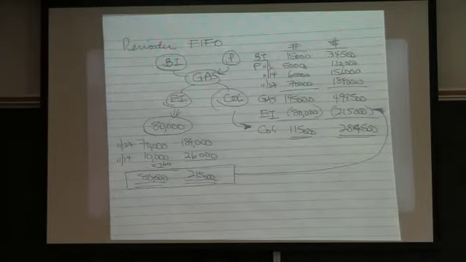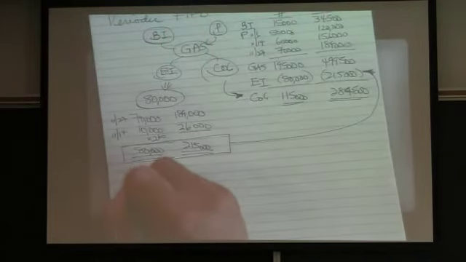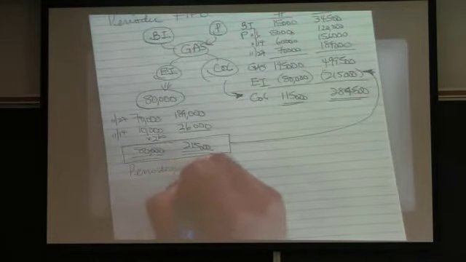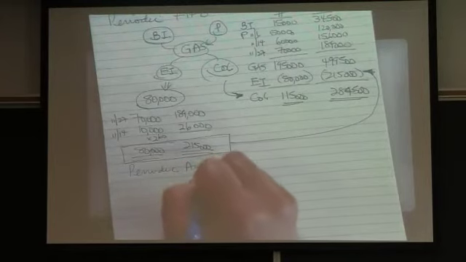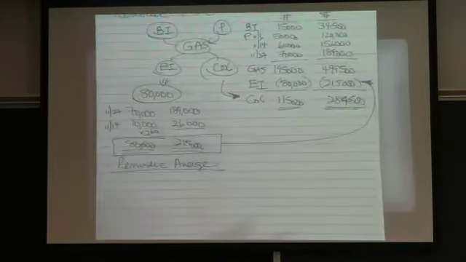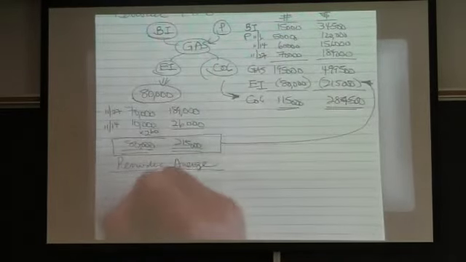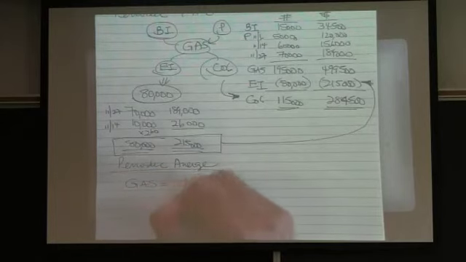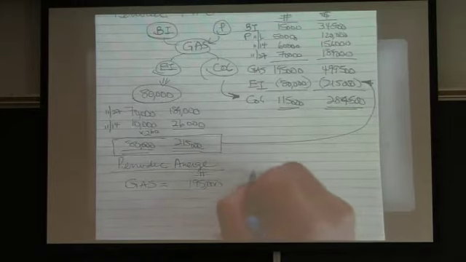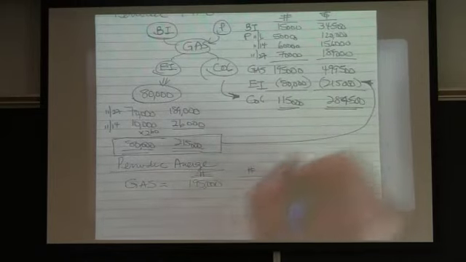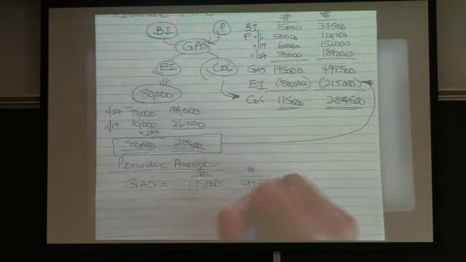Now, if we were to do the periodic weighted average, how do we do that? Well, we already have the goods available for sale: 195,000 units and $499,500.